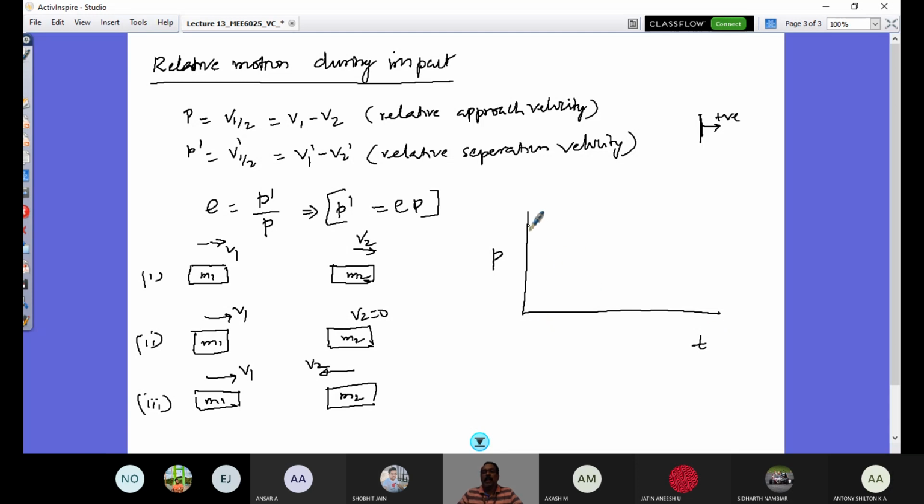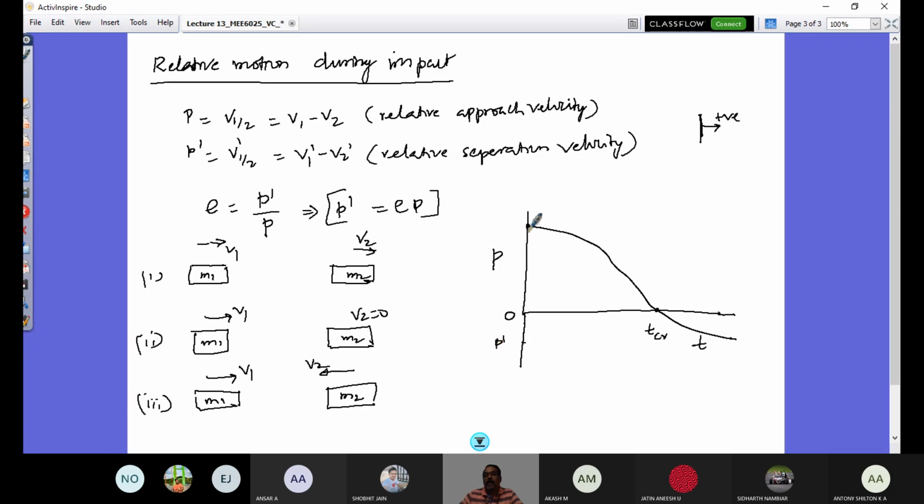Initially the relative velocity is this much, and then it reduces. The variation of the relative velocity during the collision would be something like this. There is a point at the time we call TCV where the value is 0, and then the velocity comes down again and goes here. This corresponds to P dash.